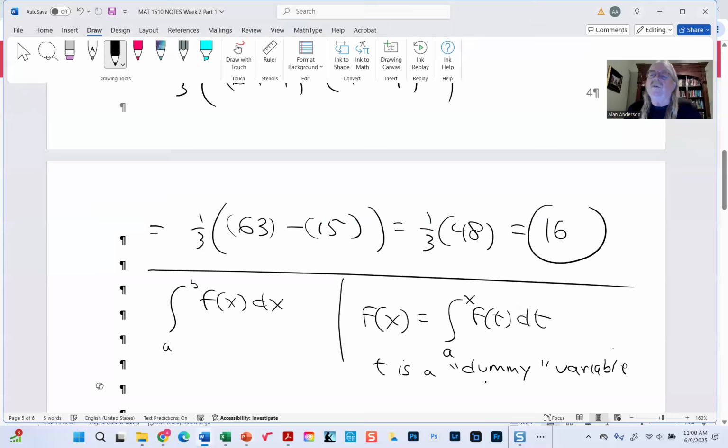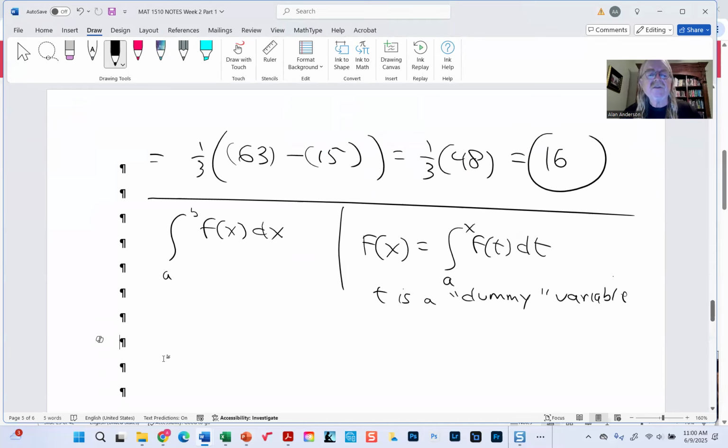Because we're really doing two things at once with x. We're treating it as the variable that's being integrated, but we're also using it to define the endpoint. So in order to avoid any confusion, we're going to routinely do this. You'll always see this in all calc books. We're going to change the function variable to something else. It could be any other letter in the alphabet.